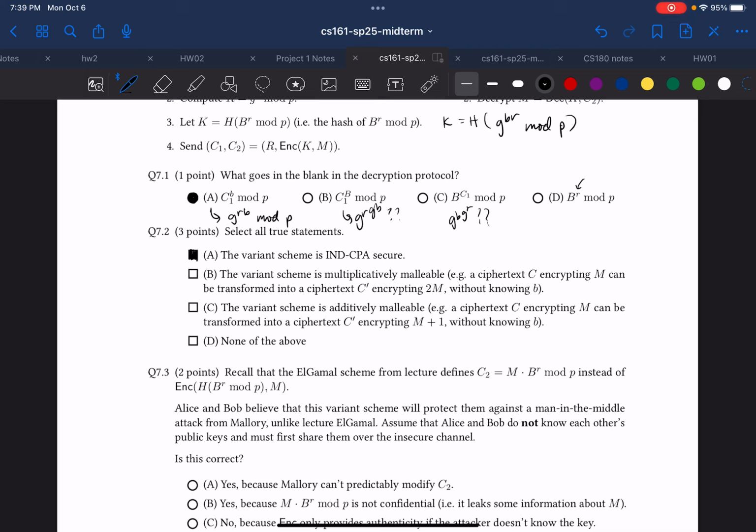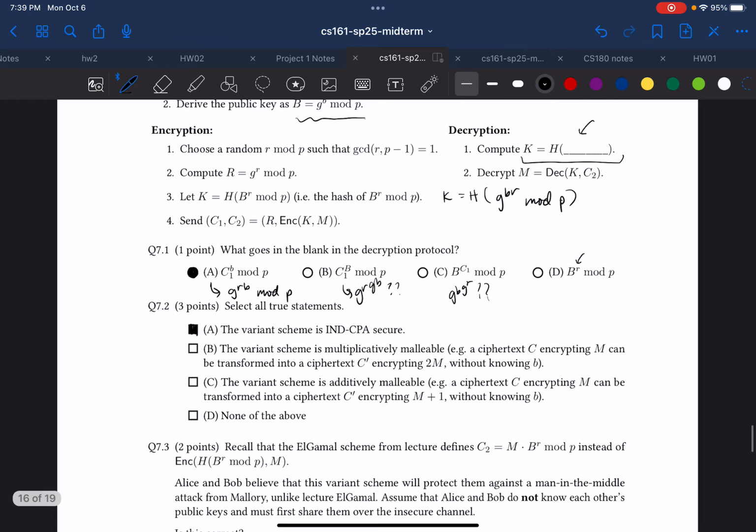The intuition behind this is that this scheme is essentially the same as the El-Gamal scheme that we saw in lecture, except in step 4 of encryption, we do symmetric key encryption instead of doing M·K mod P. And this M·K mod P is what made the scheme malleable, but since we got rid of that from our scheme, now the scheme is no longer malleable.